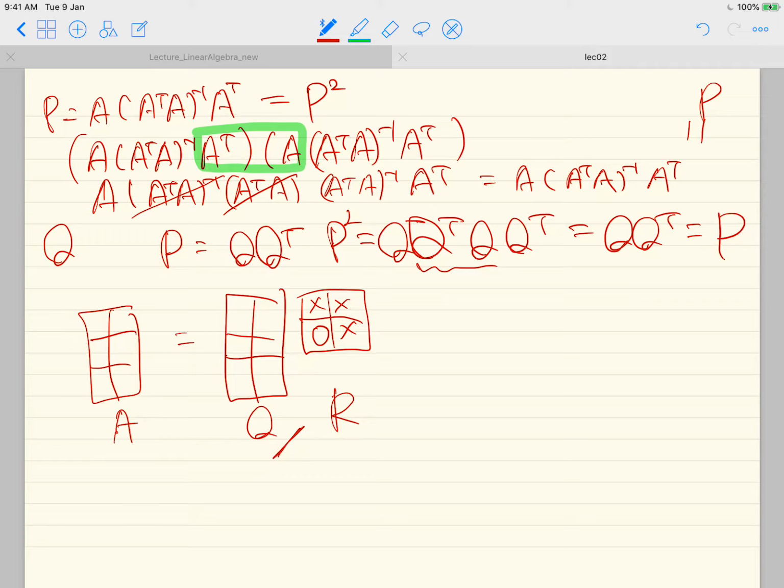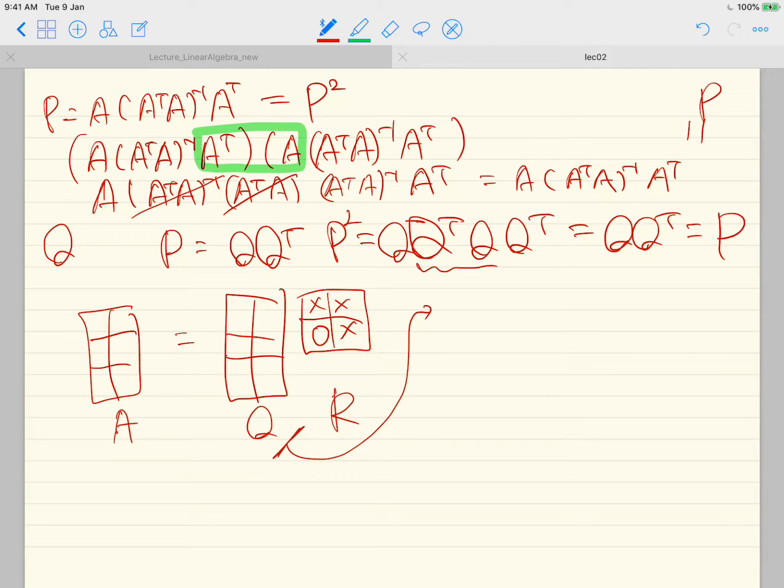And in that case, let me point out this first. Q is currently 3 by 2, but is it possible that Q has more columns than rows?